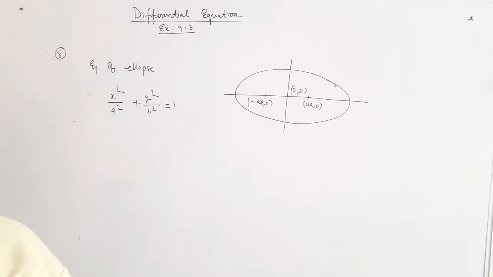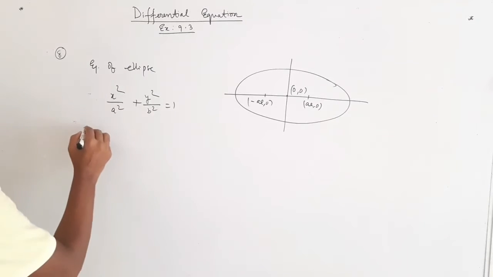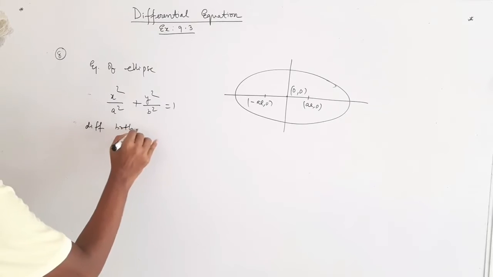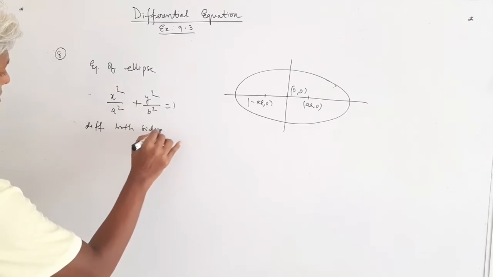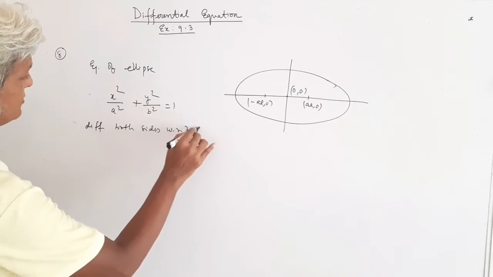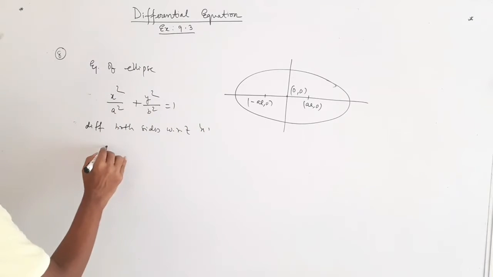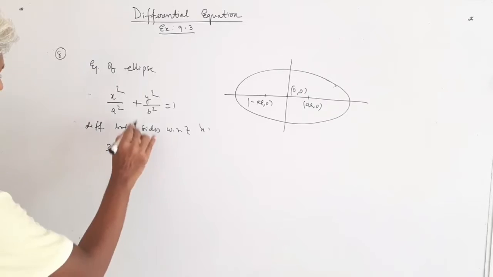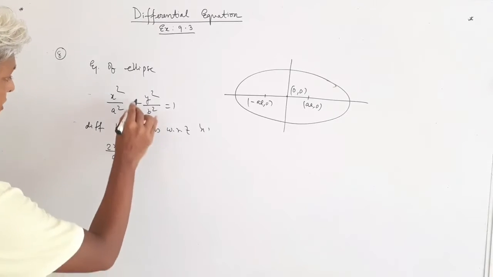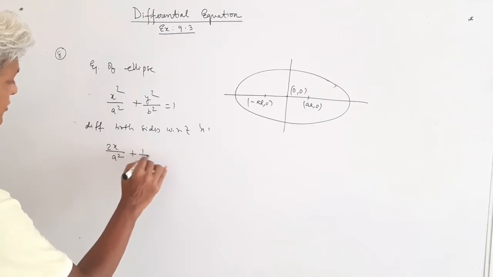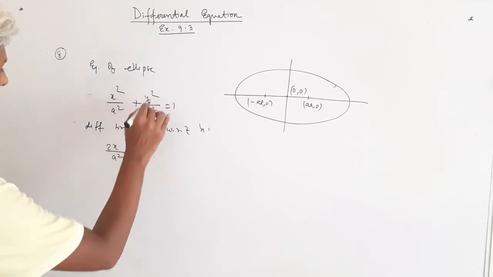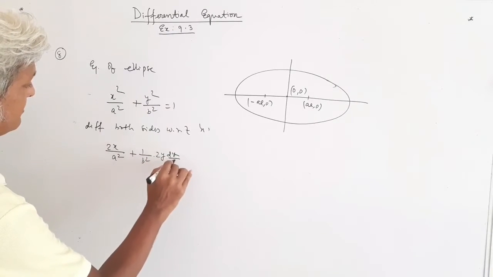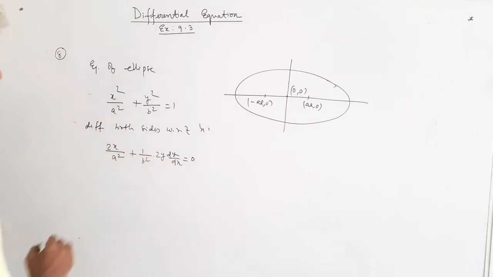Now we need to differentiate this equation. So here I write, differentiating both sides with respect to x. So this becomes 2x/a² plus, since 1/b² is constant, I write 1/b² aside, and the differentiation of y² is 2y dy/dx, equals 0.